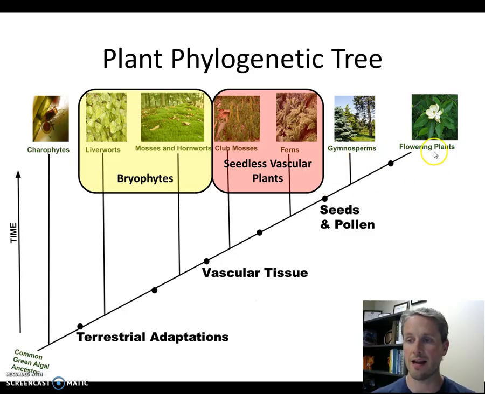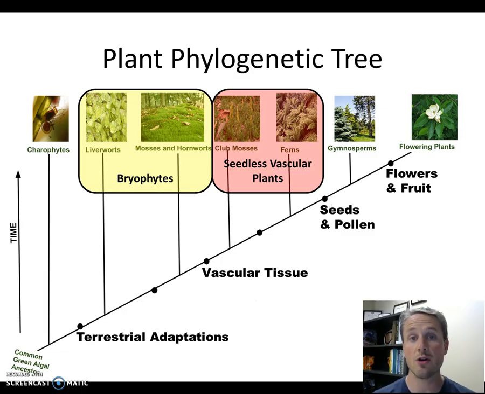So gymnosperms and angiosperms both have seeds and pollen. And as we go up this tree, we're going to pass the gymnosperm branch, and on this branch that terminates with the angiosperms, we're going to add one more trait to the tree. That trait is the presence of flowers and fruit.